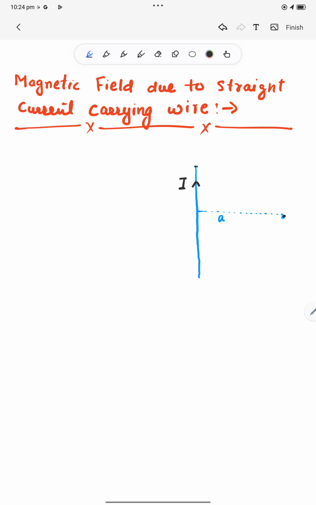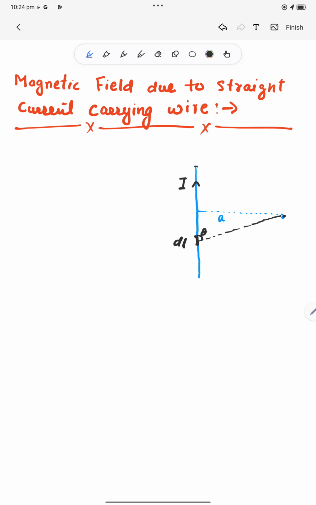For this, we will again consider a small current carrying element here, whose length is, let's say, dl, and we will join this dl to this point. Then this angle will be theta.